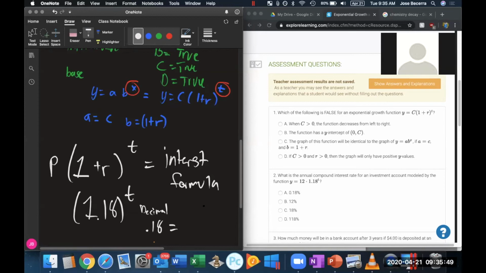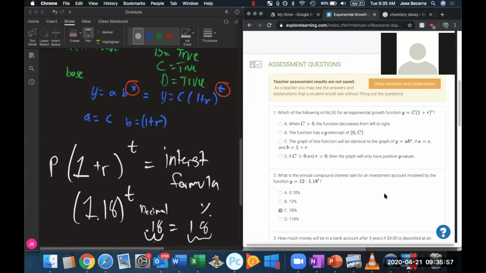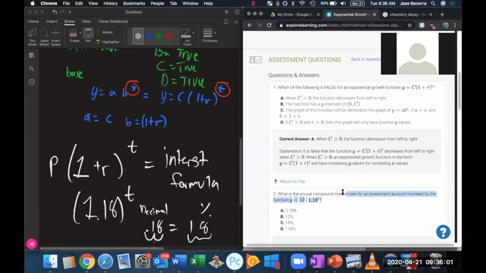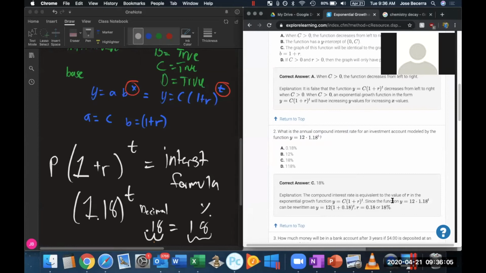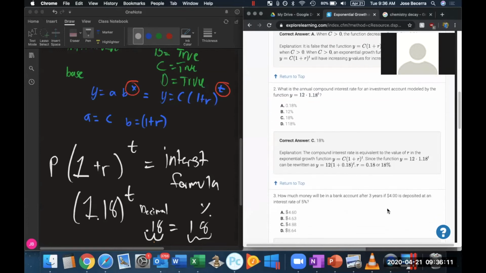That is 18%, because you move the decimal over twice. So the answer is going to be 18 right here. The correct answer should be C, 18%, because 0.18 is equal to 18%. There we go, easy peasy.